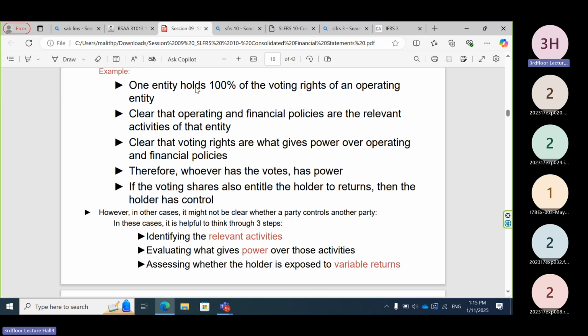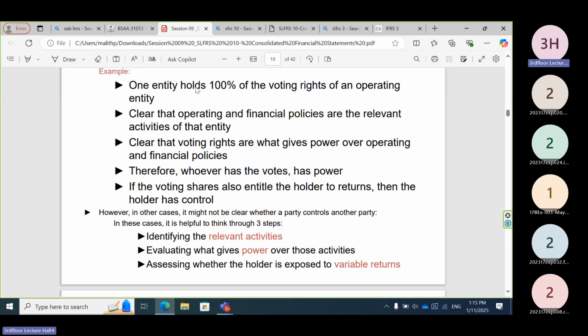So ABC is one stakeholder. They have other, maybe 80 stakeholders. 80 stakeholders, they each have 1% shareholding. 1% shareholding with 80, and you have 20% share, then 100%.